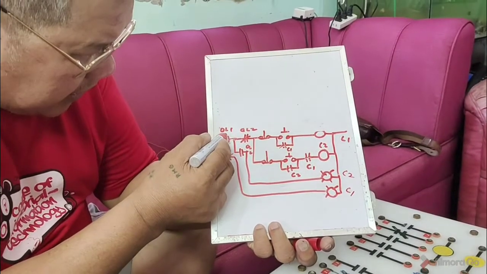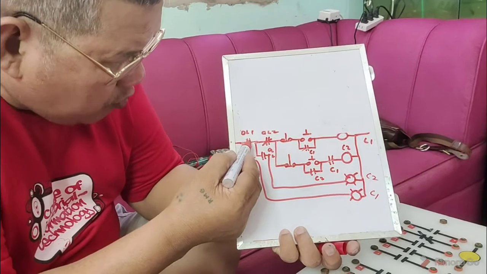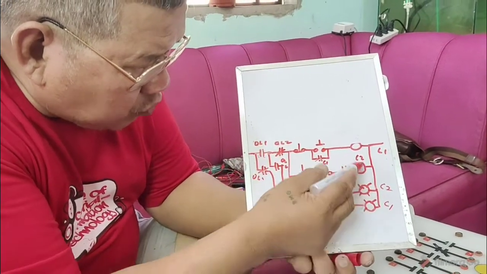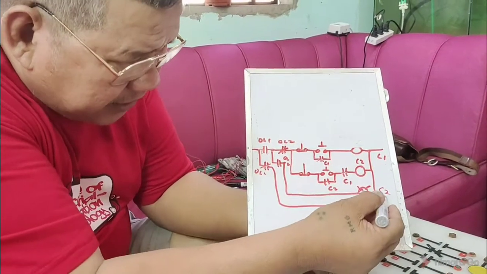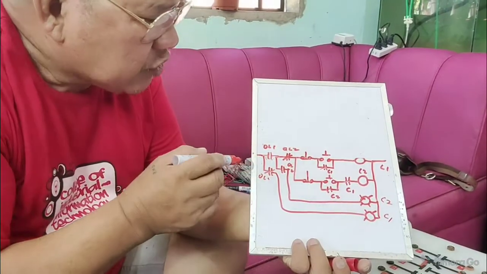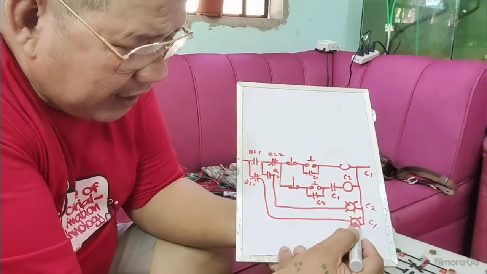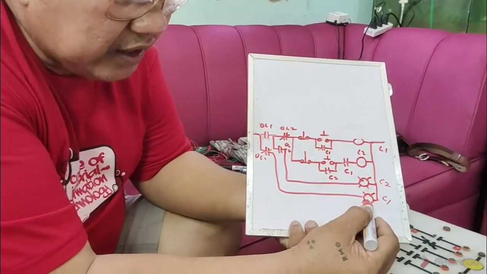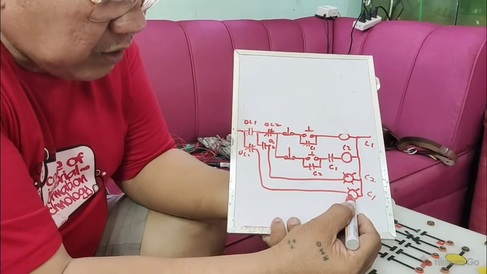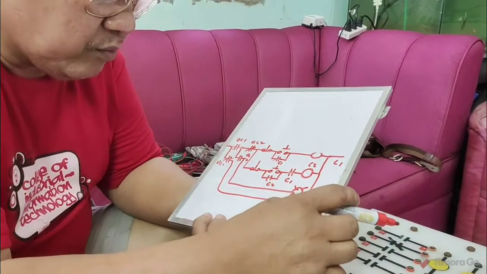Considering that this is already open, there is no more current flowing to both conveyors from this circuit here. So the current now flows to this portion and lights the conveyor number 2 trip lamp.